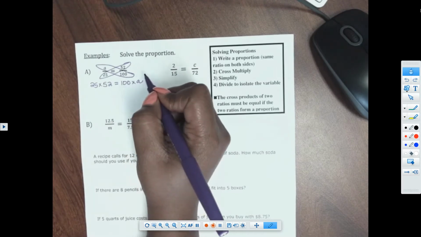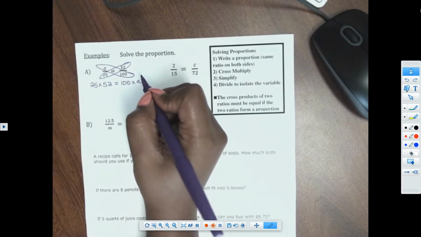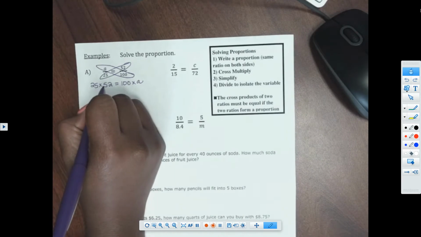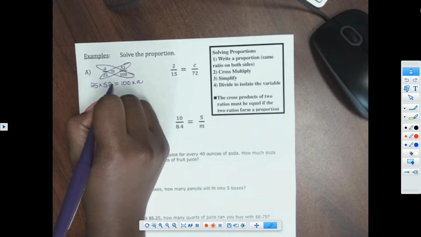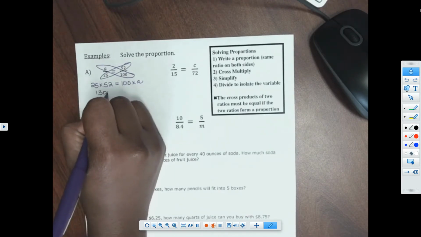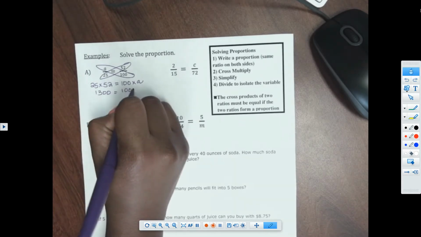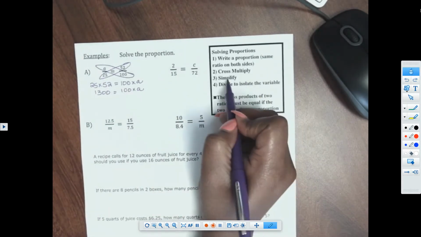Here you multiply these two together. 25 times 52, you get 1300, equals 100 times 8.